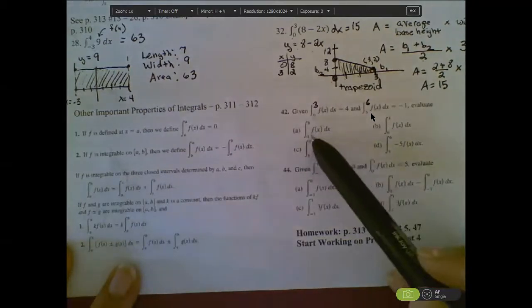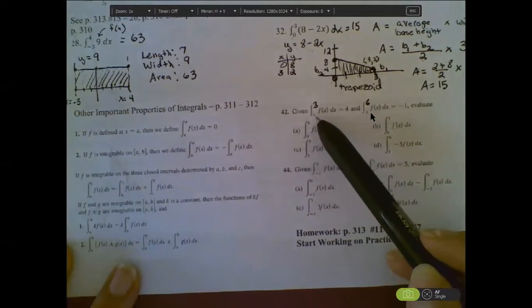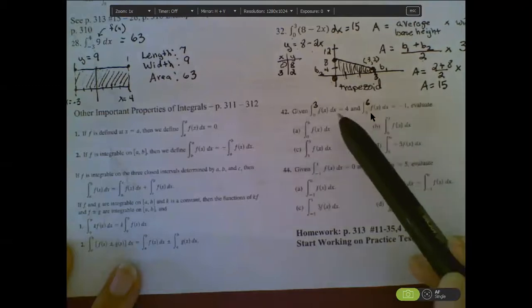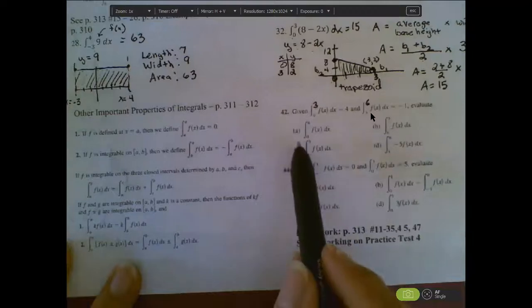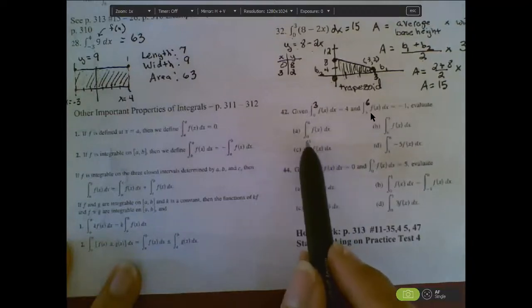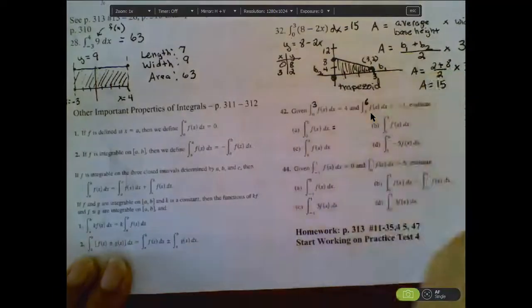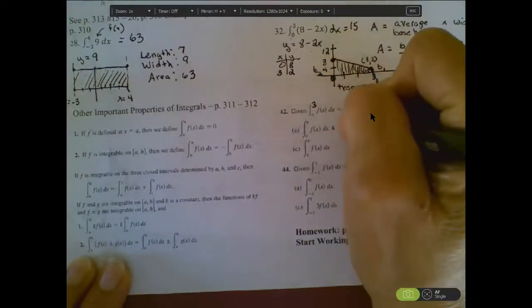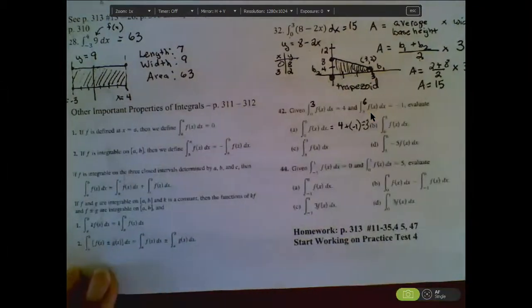So if I want to integrate all the way from 0 to 6, and I know the integral from 0 to 3, and I know the value of the integral from 3 to 6, then I could just add those two values to get the integral over the entire interval from 0 to 6. I can add the 4 and the -1, and the value of that definite integral would be 3.